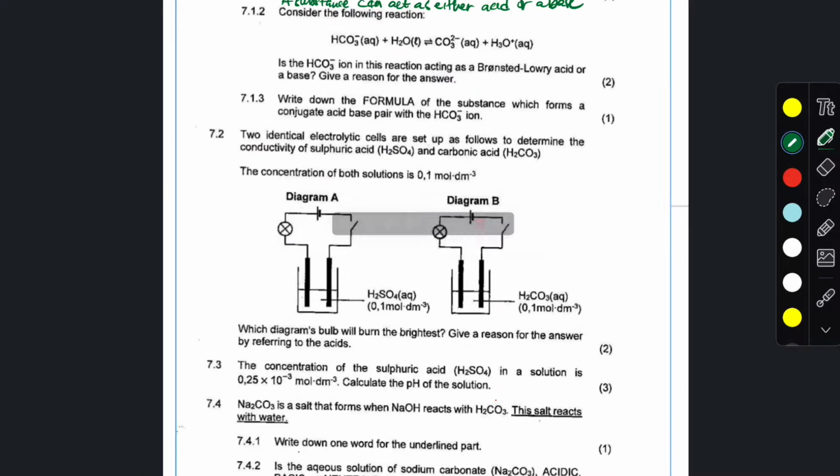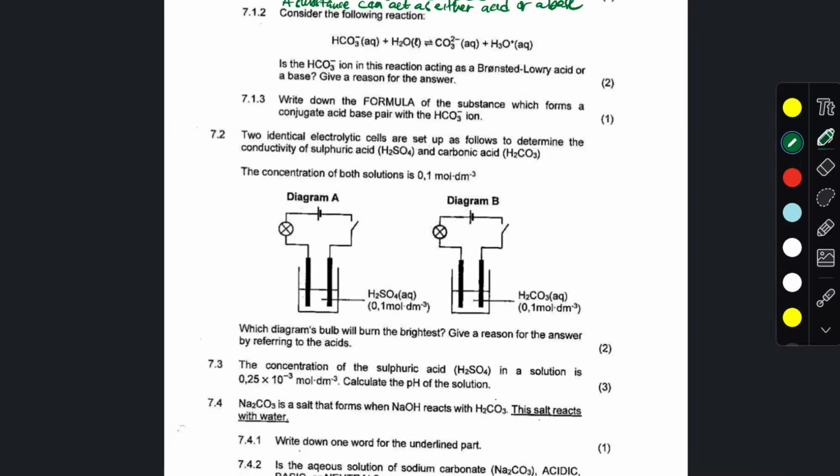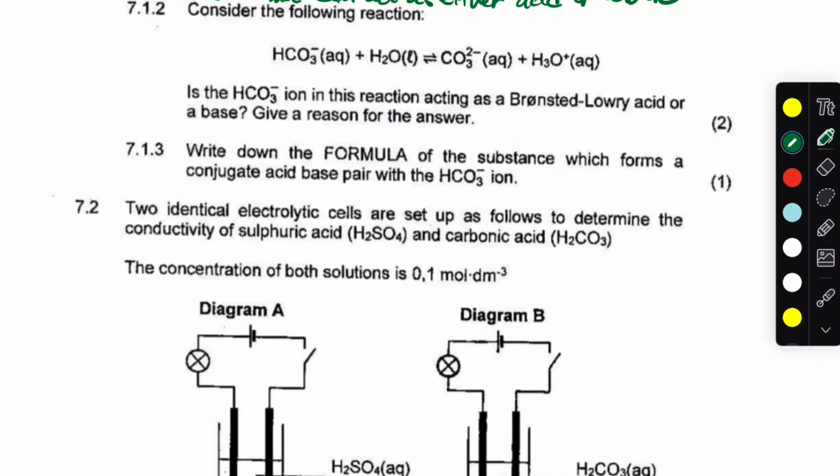7.2, it says consider the following reaction. We have a hydrogen carbonate ion that reacts with water and gives us the carbonate ion and hydronium ion. Now the question says, is the hydrogen carbonate ion in this reaction acting as a Bronsted-Lowry acid or Bronsted-Lowry base?